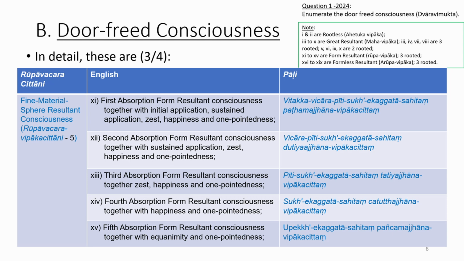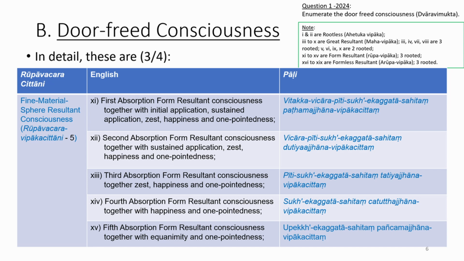And now we go to the 11. The first absorption form resultant consciousness together with initial application, sustained application, zest, happiness, and one-pointedness. Sometimes they say together with, or sometimes associated with, as there are a few versions of English translation. Then number 12 is the second absorption form resultant consciousness together with sustained application, zest, happiness, and one-pointedness.